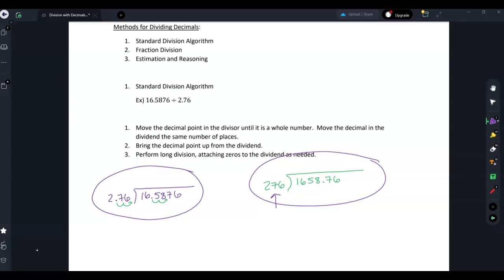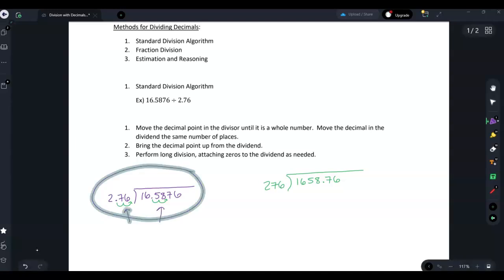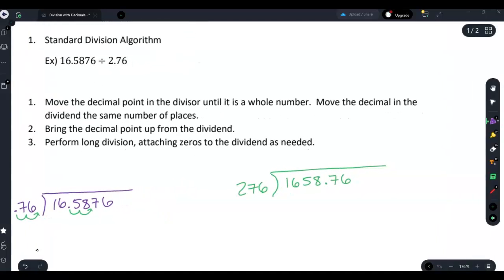I don't need to do anything to it in the end to get it back, right? As long as I did the same movement to both the divisor and the dividend in terms of the decimal, then these are equivalent. So I'm going to basically just do this new division problem, which is 1,658.76 divided by 276.